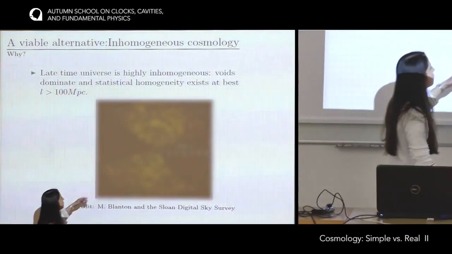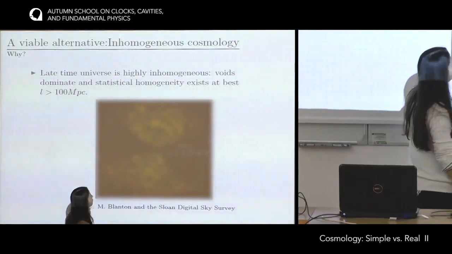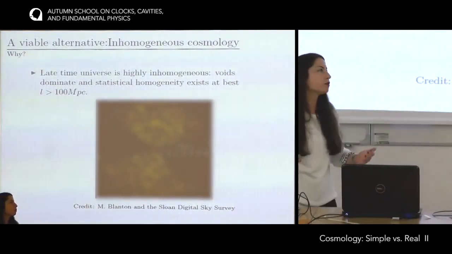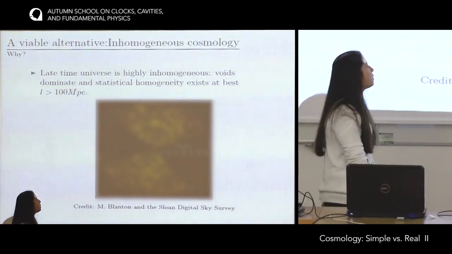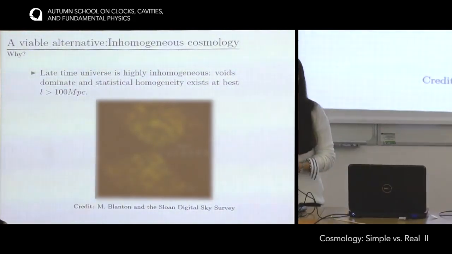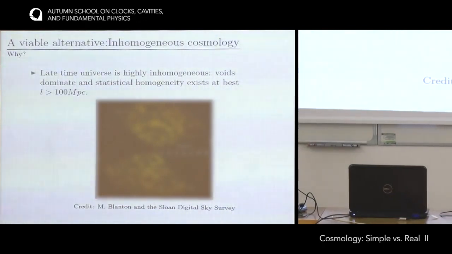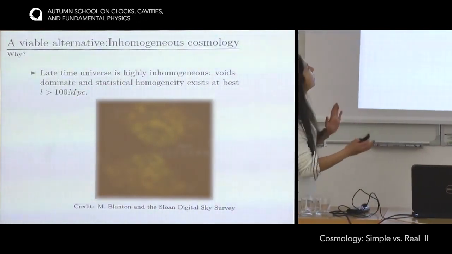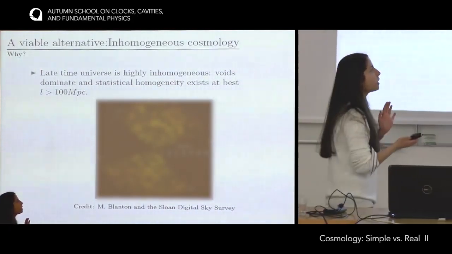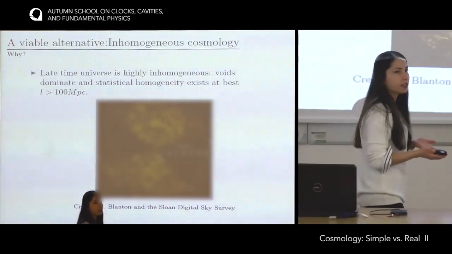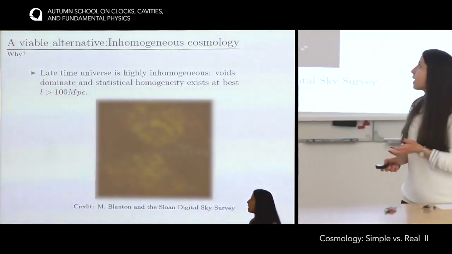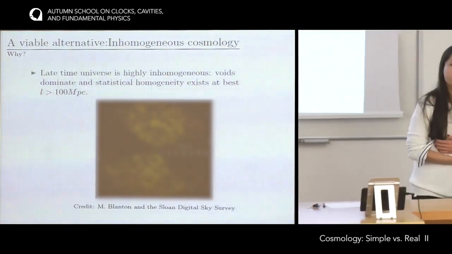As you see there, all the dots refer to a galaxy, which has like 100 million stars in it. So you see big structures, which tell you that there is in fact a statistical homogeneity, if it exists at all, and that is on scales larger than 100 megaparsecs.